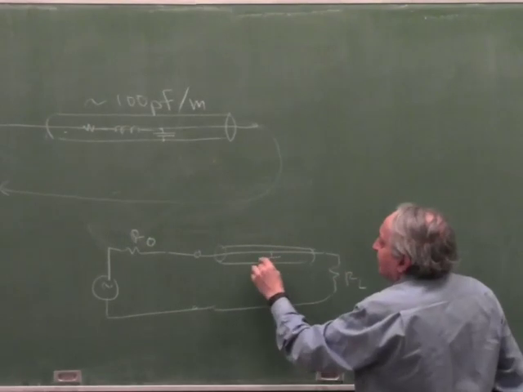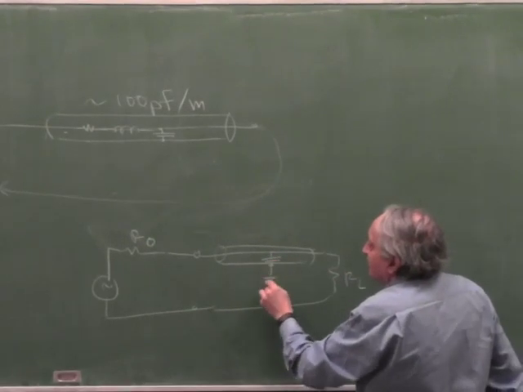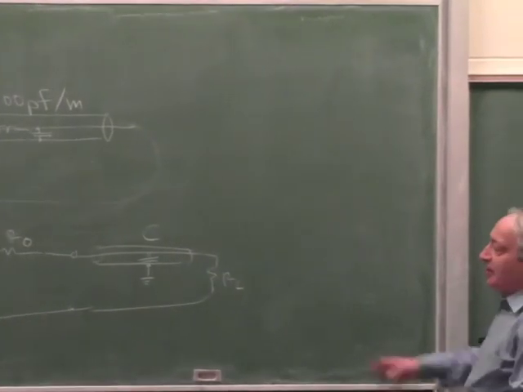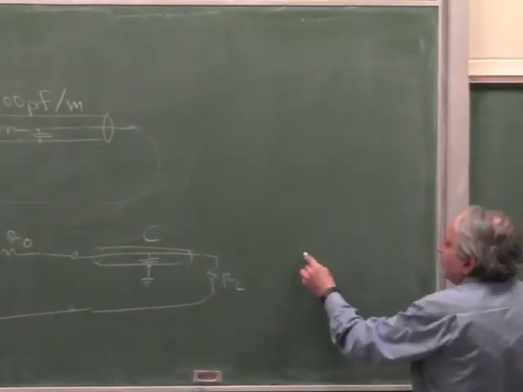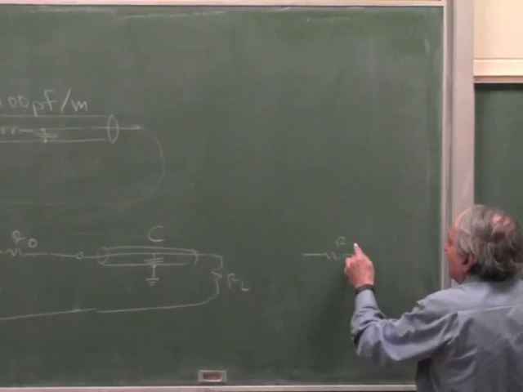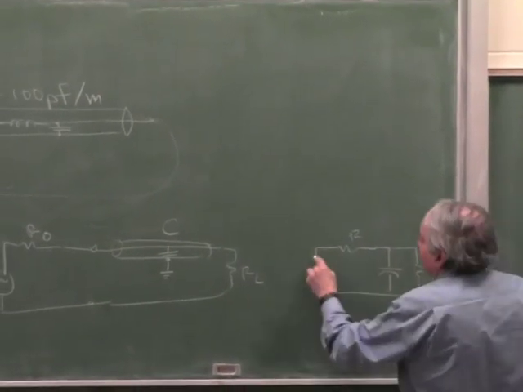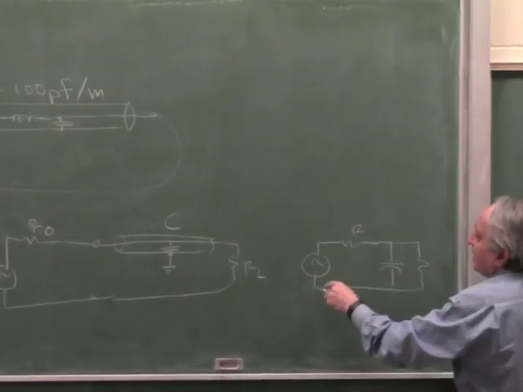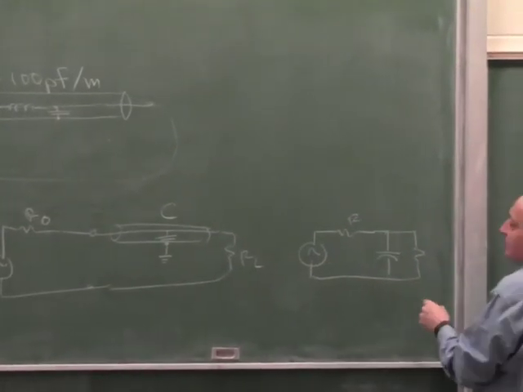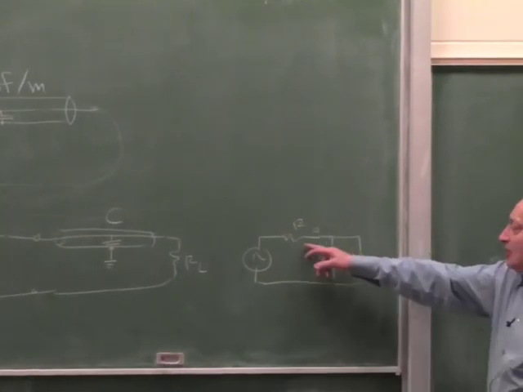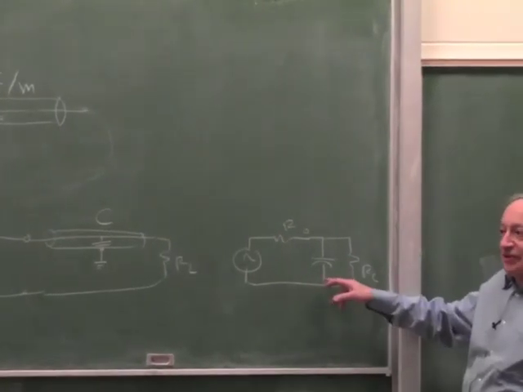And this parasitic capacitance is called C. So what you get is a low pass filter, because if you redraw that, you get R, here you have C, and another R. This is the piece of wire redrawn as an electrical circuit, with RL and R0. So obviously you get a low pass filter, what's called an RC filter.